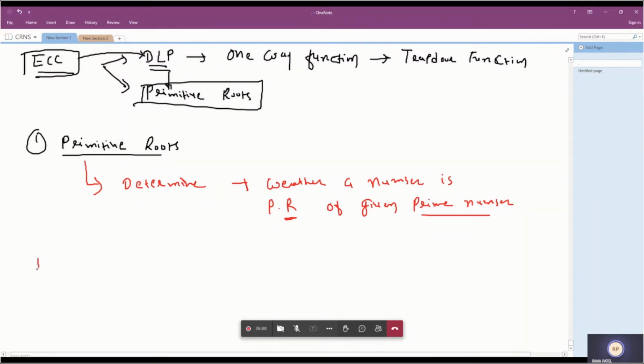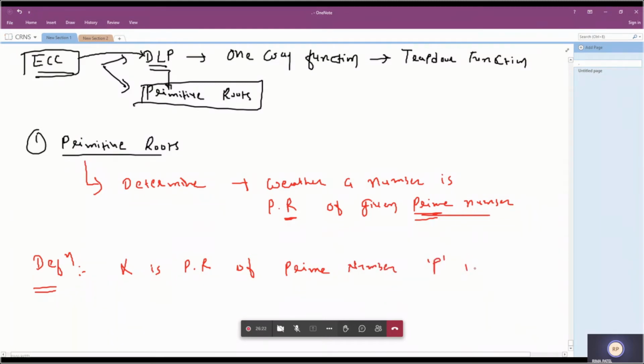The formal definition says that alpha is a primitive root of some prime number. As I have mentioned over here, we need to check for the prime number only. So prime number p, let us say it's p.